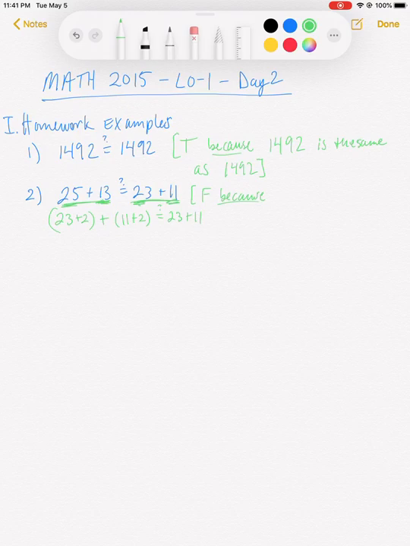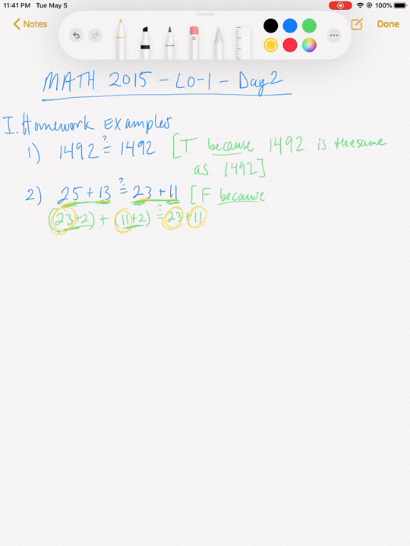Okay, we're going to just do it step by step here. Notice that on this side here, we have 23 and 2, we have 11 and 2. So those are both quantities that are more, 23 and 23, 11 and 11. Both these quantities on this side of the equation, the 25 and 13, are 2 more than both of the quantities on the right side of the equation.